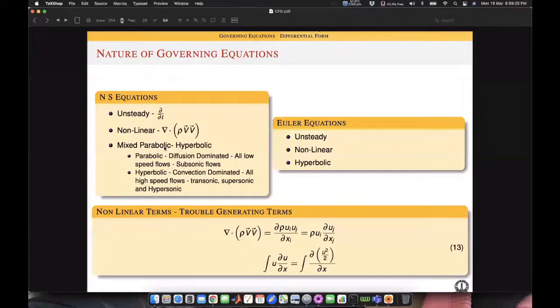Suppose a certain phenomenon becomes more prominent than the others in the governing equations, then it will change its characteristic. Like if heat transfer is more prominent, then the equations become elliptic. So you see that the form of the governing equations changes dynamically from hyperbolic to elliptic to parabolic. The most complicated situation you get is because of the nonlinear terms.